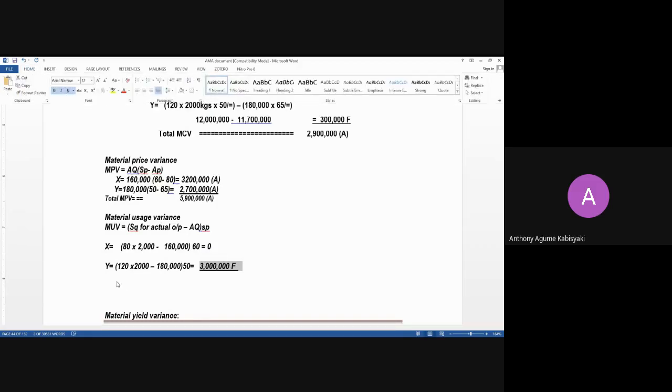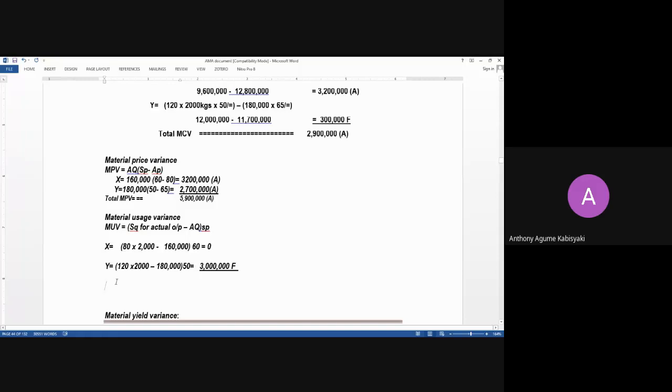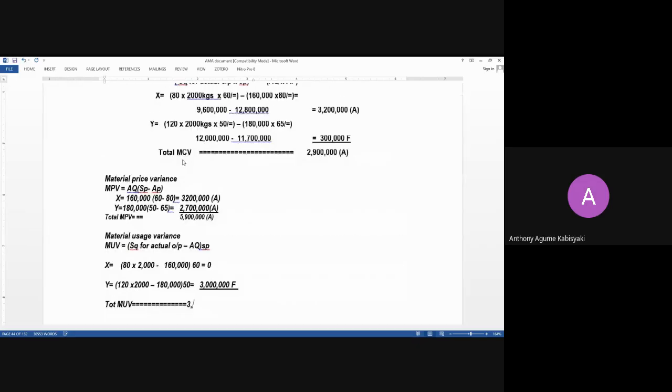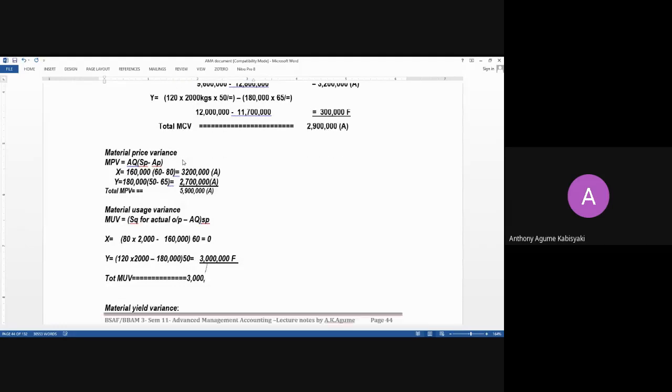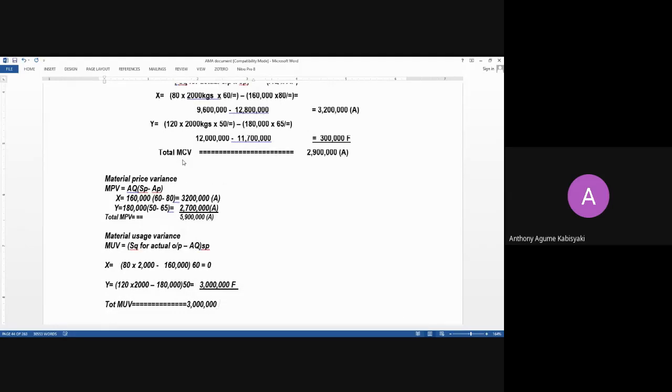So when you add your total MUV, it would be what? 3 million, and it is favorable. Okay? 3 million favorable.